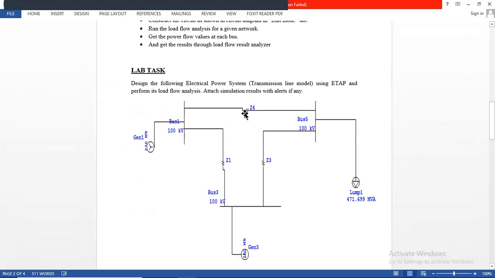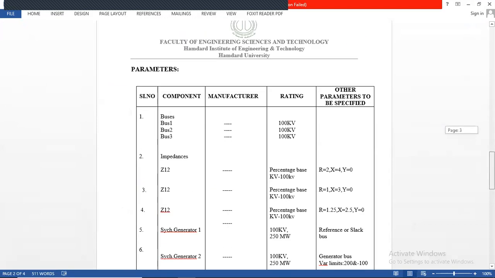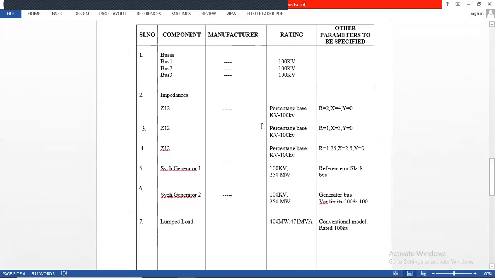So what will be the value of impedance? We need to move again towards the table in which you can see the highlighted 100 kV, 250, and all the relevant things that we already selected. The lump load we already selected this way, and the generator 1 and generator 2 data are already provided there, but the remaining thing is impedance.